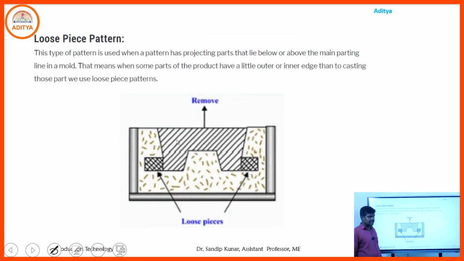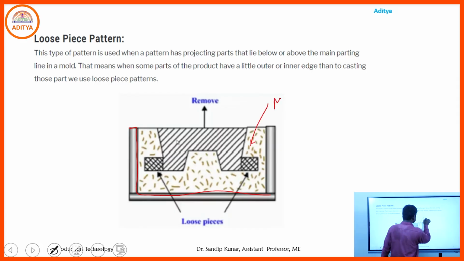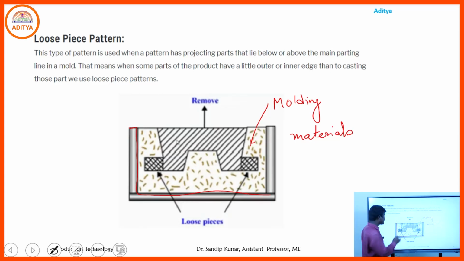Loose piece pattern. In that case the pattern has some projecting parts, meaning extra parts. Here is the molding box we have considered, and that is the molding material, and we kept the pattern in that particular molding box.